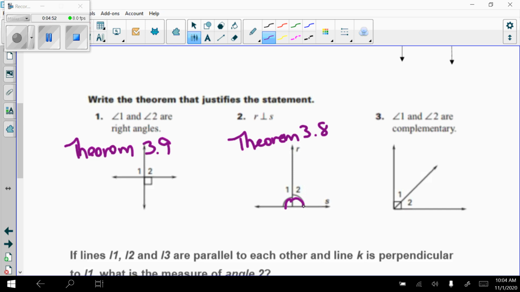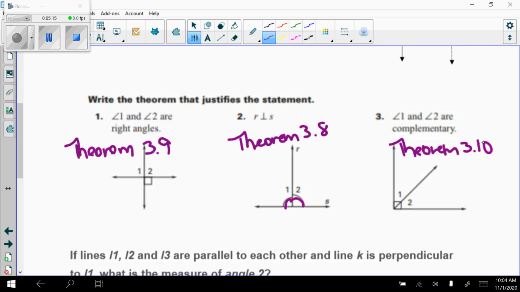And then the next one, angle 1 and angle 2 are complementary. This is the picture that they give to me. This was theorem 3.10 from the front. Theorem 3.10 told me that if two sides of two adjacent acute angles are perpendicular, then the angles are complementary.